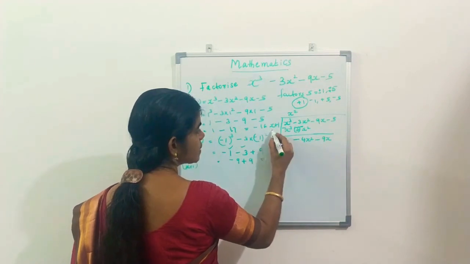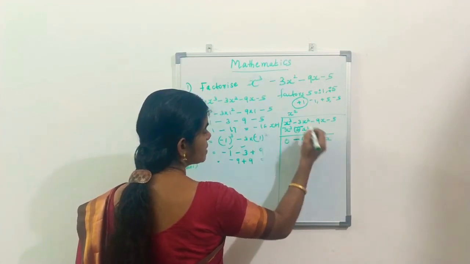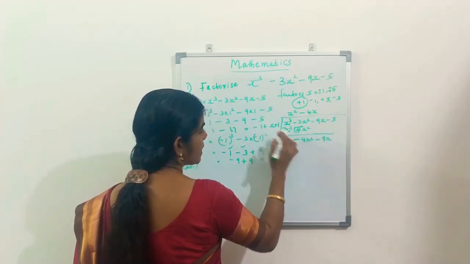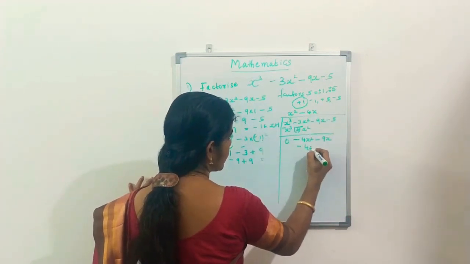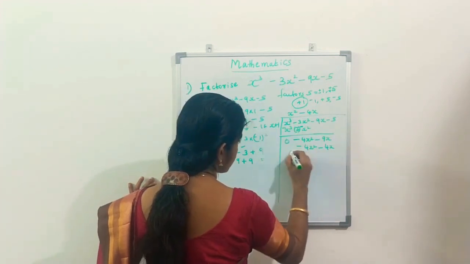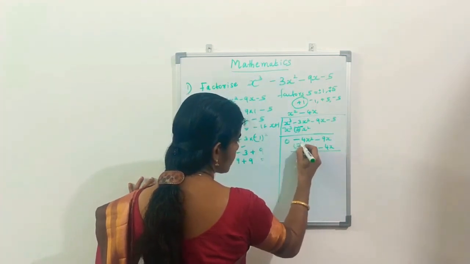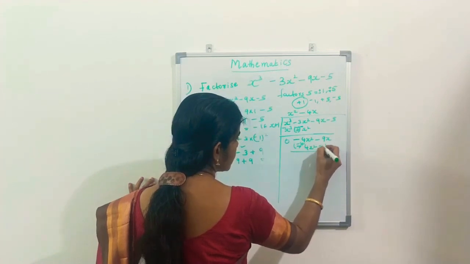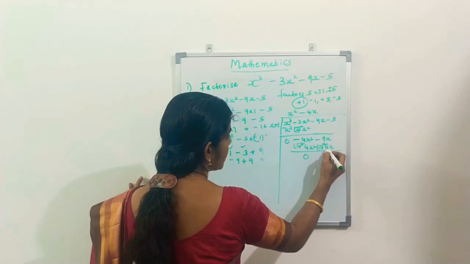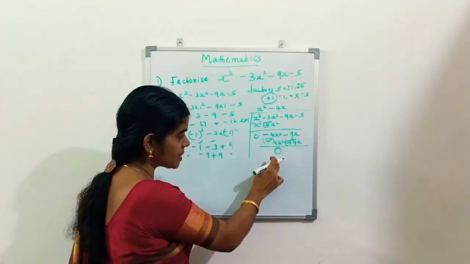Minus 4x square by x means minus 4x. Then minus 4x into x means minus 4x square. Minus 4x into 1 means minus 4x. Again the sign will become plus, minus of minus will become plus. This 0.